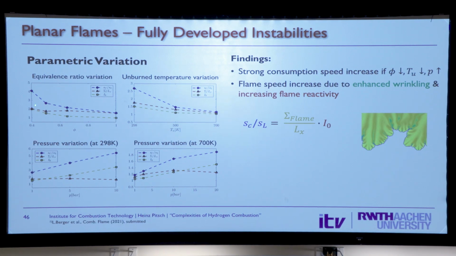Total value is 4, and for this reference case, each one of these is a factor of 2. So this has twice the surface area, and it burns locally twice as fast as an unstretched laminar flame. The different parameters give you some different results, but both flame surface and local reactivity are important.